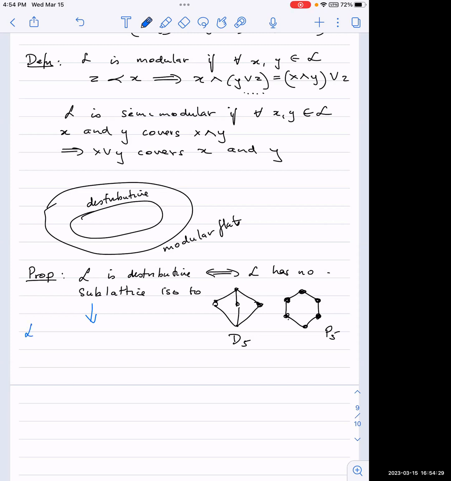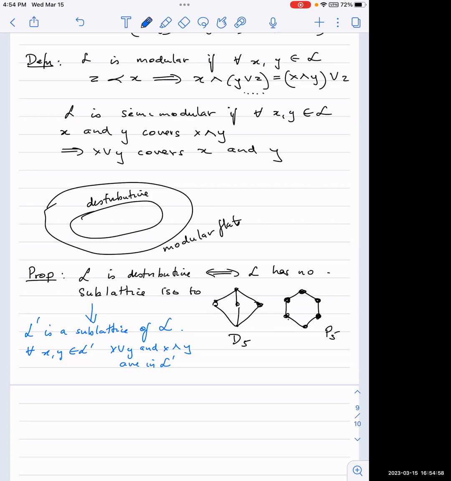So L dash is a sublattice of L under what conditions? For every x, y in L dash, x or y and x and y are in L dash.